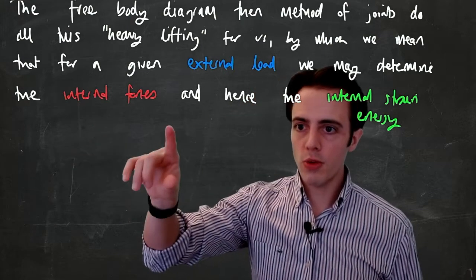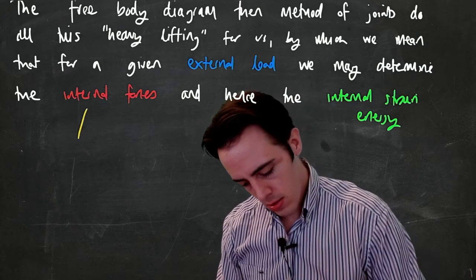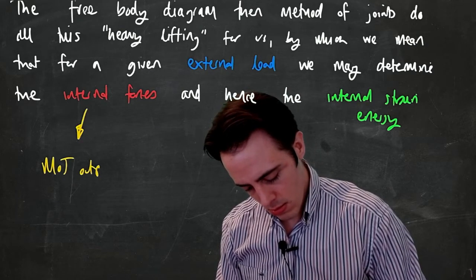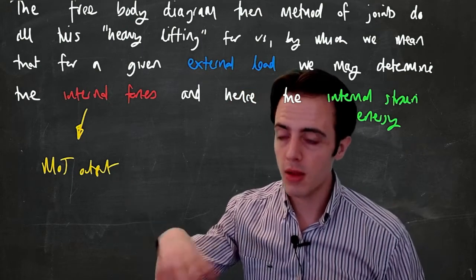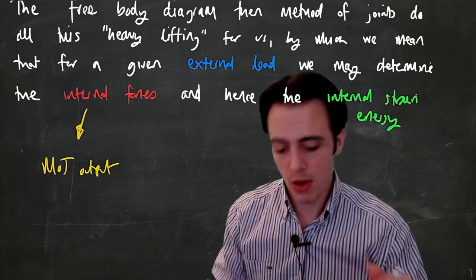Okay, so internal forces, this is the output from the method of joints. And then it's a short step to take us to internal strain energy. So the output from this will be just an array of forces that we have inside each of those members.